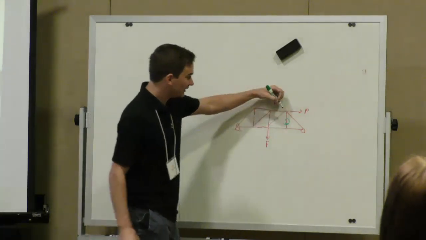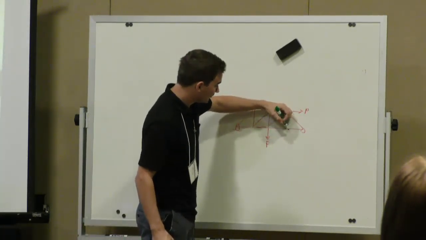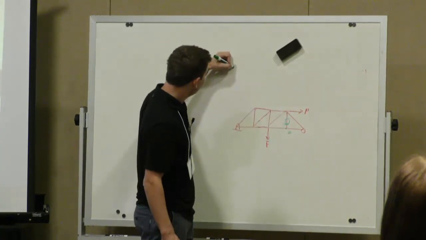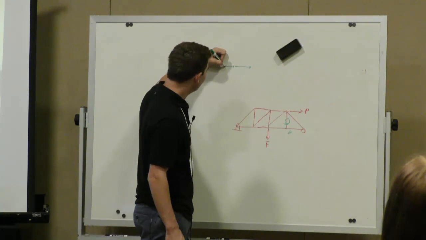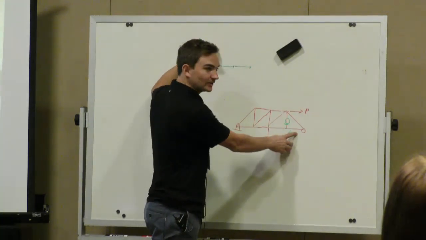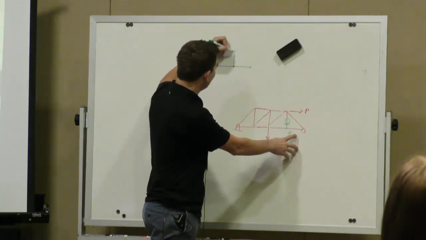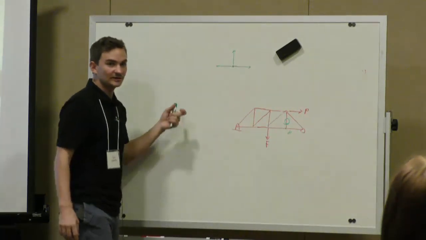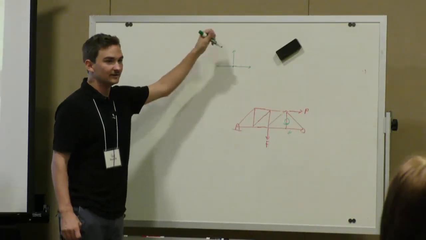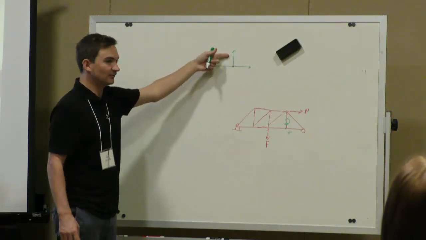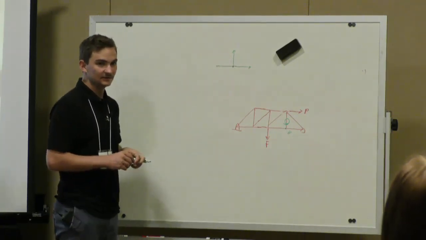If we say this is node B and we draw node B out, we draw all the forces in tension. We have one going to the left, one going to the right, and one going vertically. If we sum the forces in the Y, we only have one member in the Y. So there can't be a force in this one because there's nothing to counteract it.